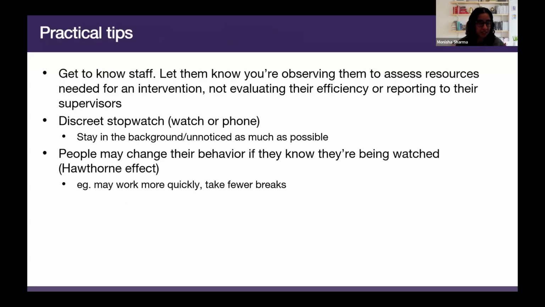It can feel a little disconcerting to have somebody follow you around at work and write down what you're doing and when, and you might change your behavior. You might think that they're watching you to report to management, so you want to make sure they know that's not the case. So it helps to be discreet, have a stopwatch, and try to avoid the effect of your presence changing the behavior and the flow of the intervention.